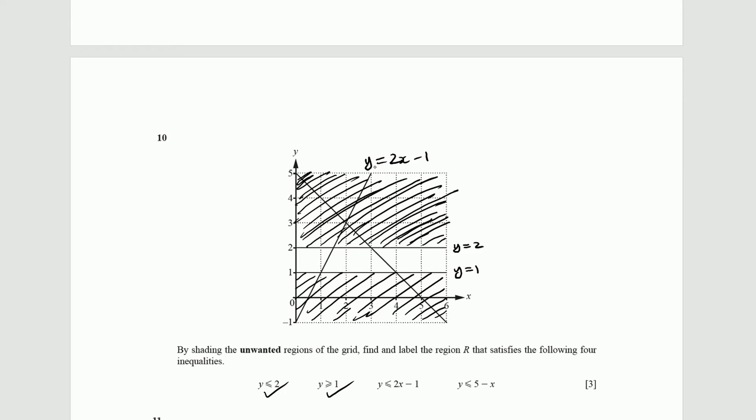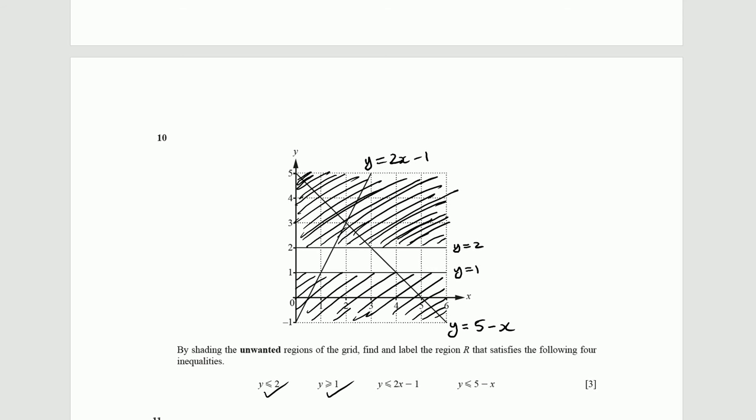This one over here, 5 minus x, don't be deceived, it doesn't have a gradient of 5. The number is the y-intercept, and the coefficient of x is the gradient. So the y-intercept is 5, and the gradient's minus 1, and that's clearly this graph over here, which goes through 5 on the y-axis and has a downhill slope.